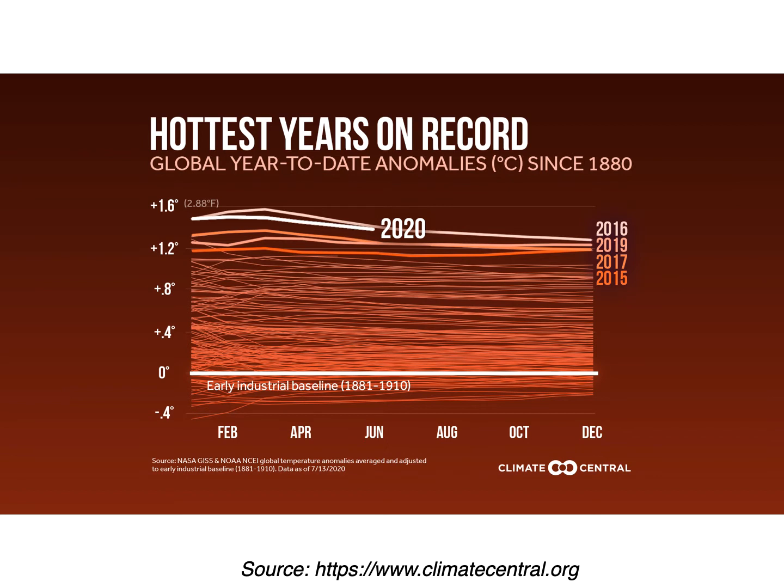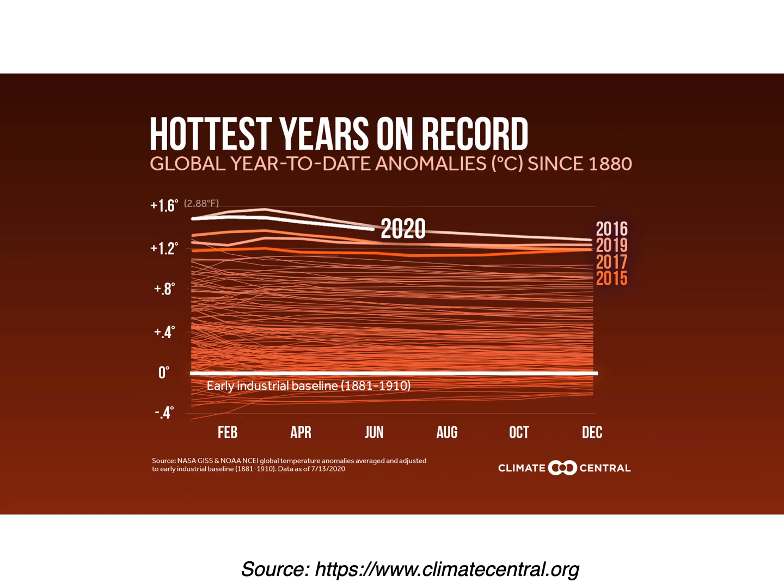Here we see these lines represent mean monthly temperatures for a whole bunch of years, actually years going back to 1880. So each line represents a year. They're not all labeled, but what is labeled are the hottest years on record.